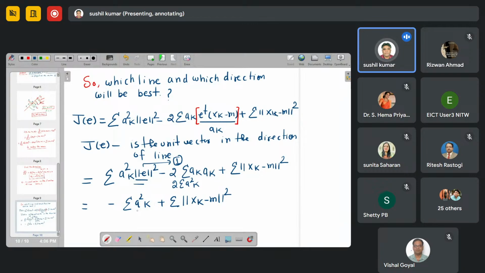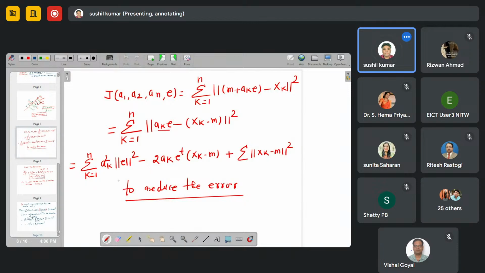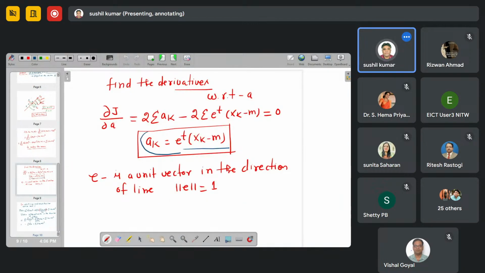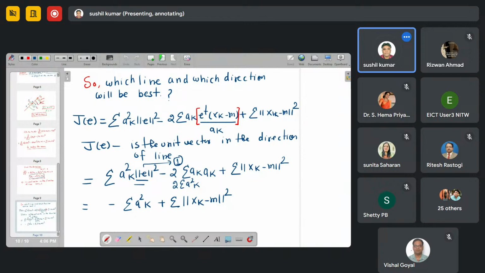Now, because a of k is equal to e transpose (xk minus m), I will replace this particular value with the same. So it will give you minus (e transpose (x of k minus m)) whole square, plus (x of k minus m) whole square.